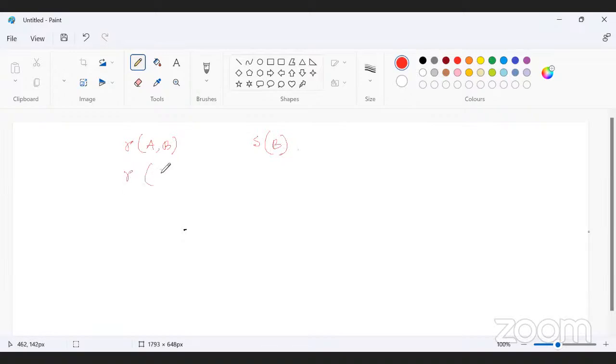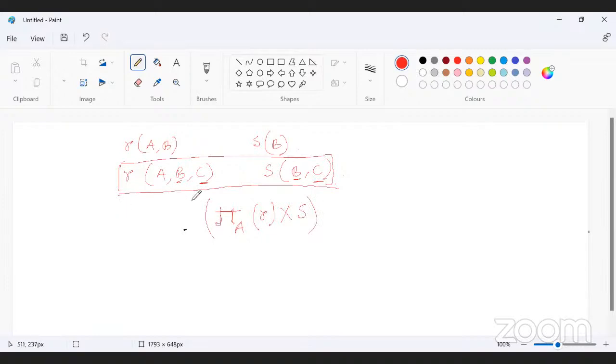If I extend this example, R has A, B, C, and S has B, C. First, you have to take the attributes that are not present in S. So you select R minus S, whatever attribute is not present there, that is A, from R, and take the cross product with S. Suppose we take an example like that.